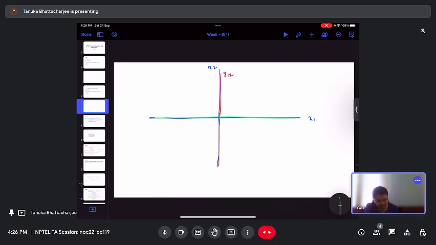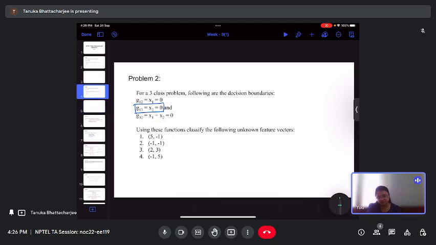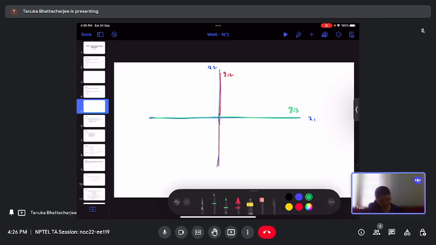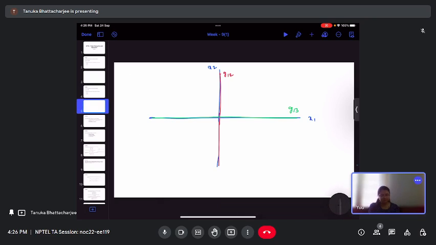This is the boundary G13, and the last one, G32, is again the same, x1 plus x2 equal to 0. So that one will be again this one. This is actually passing through the origin. It shifted a bit in my drawing, however, it is actually passing through the origin. So, this is your G32.